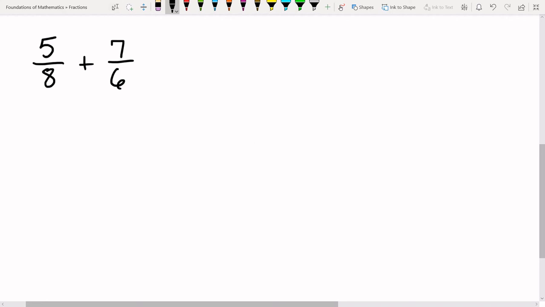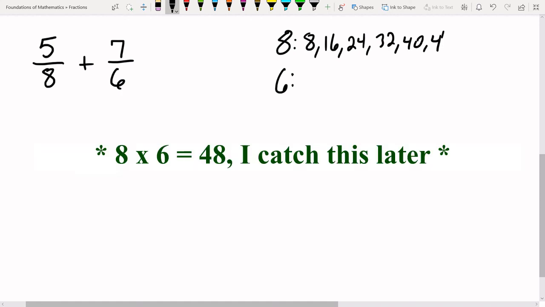The first way is what I showed you last time for the last problem, which is write up the multiples of these numbers. 8 times 1 is 8, times 2 is 16, times 3 is 24, 32, 40, 48, and so on.